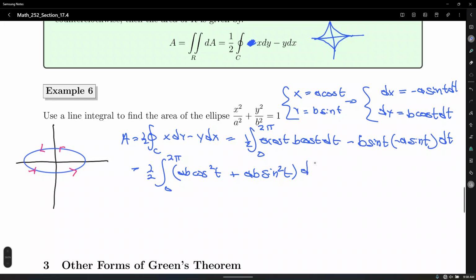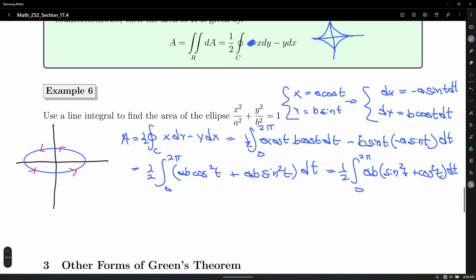The dt's are common in factor, and do you see that? Cosine squared plus sine squared, isn't that equal to 1? So this is equal to 1/2 the integral from 0 to 2 pi of ab times sine squared t plus cosine squared t dt.